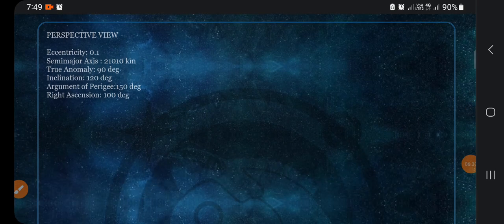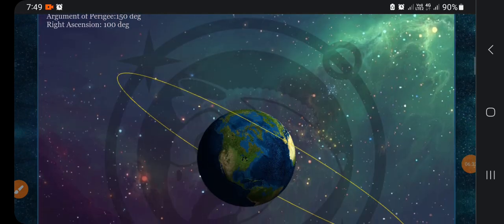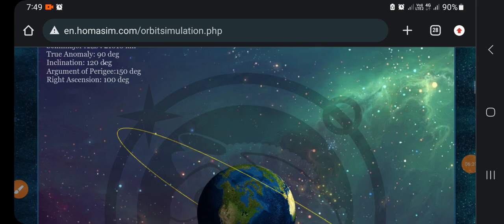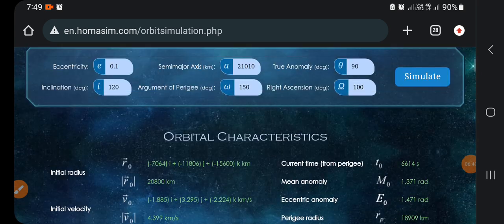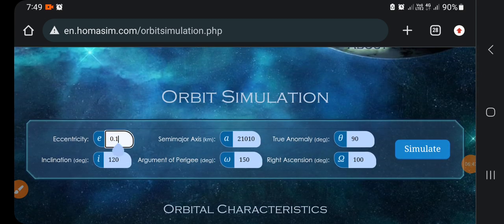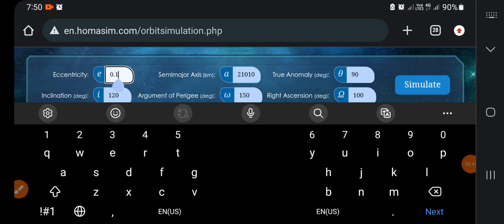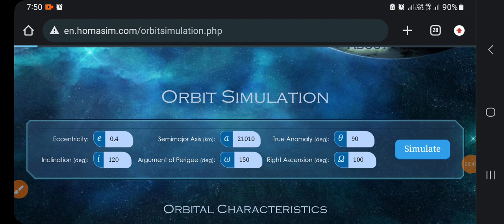In that 3D visualization, we can observe the orbit position, the inclination, eccentricity and so on. For example, I am changing the eccentricity value to 0.4, and we see what happens to the orbit size and shape.